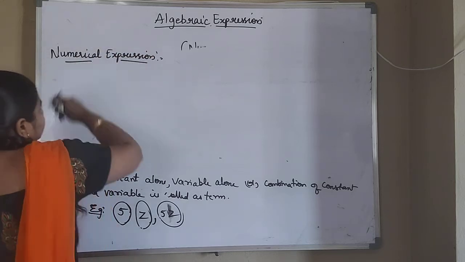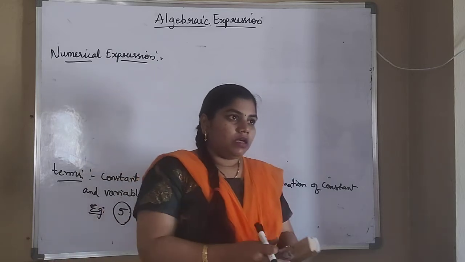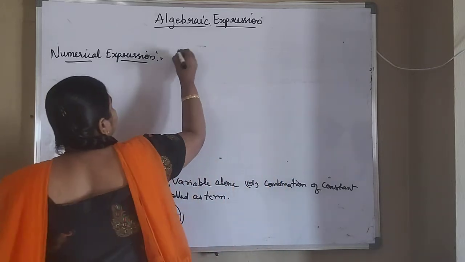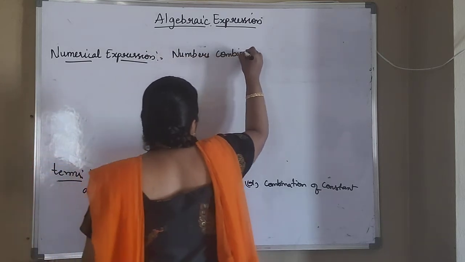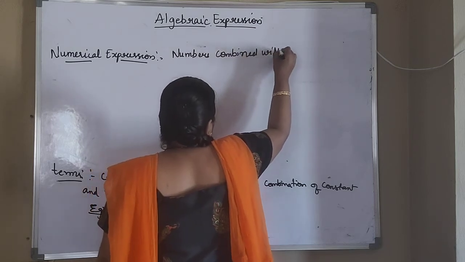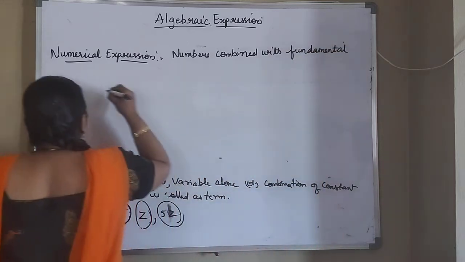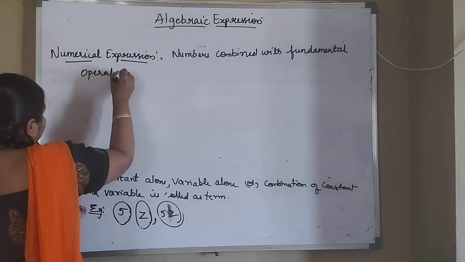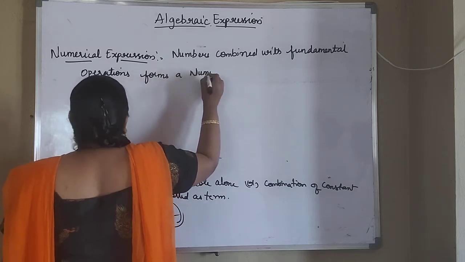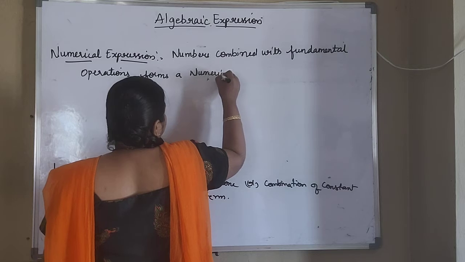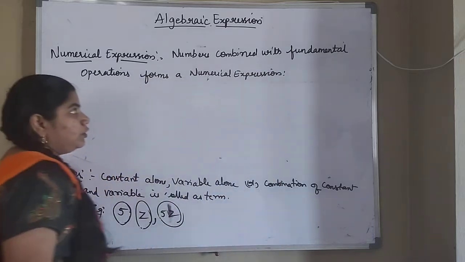So what is the next definition? That is numerical expression. A numerical expression is nothing but numbers combined with fundamental operations forms a numerical expression.